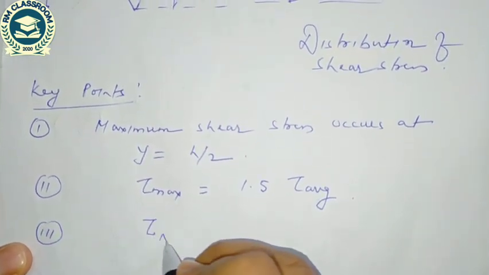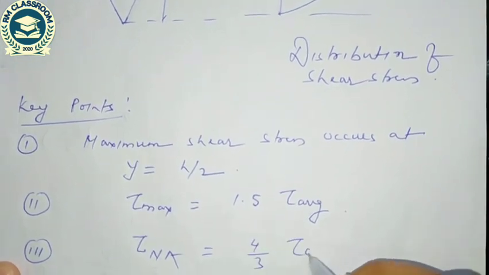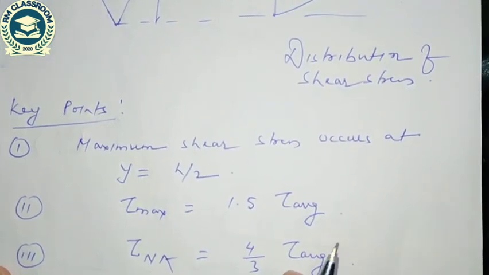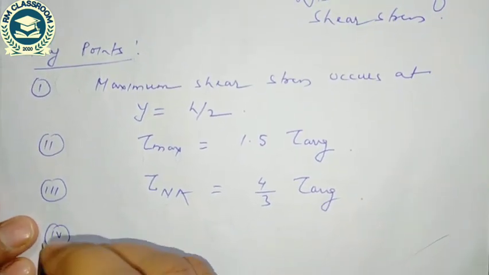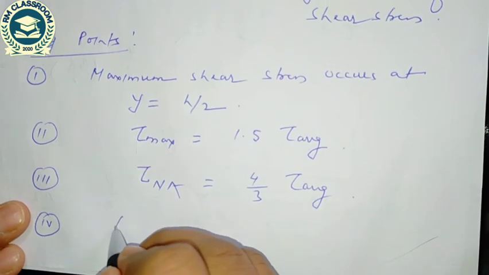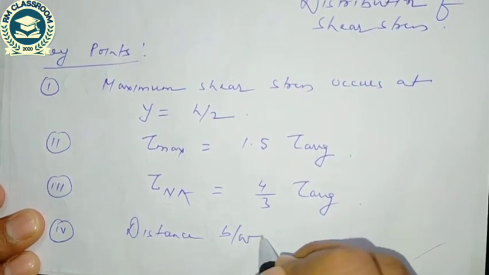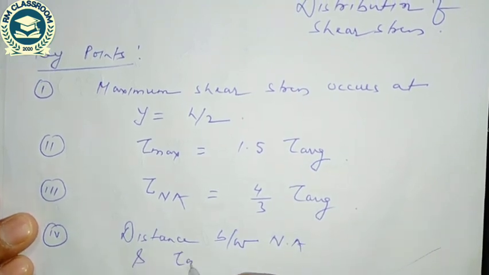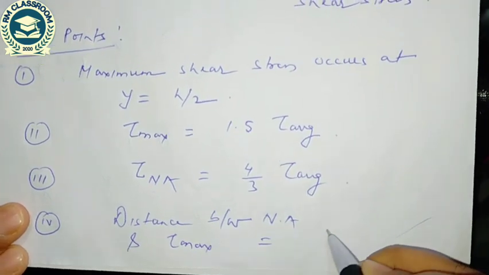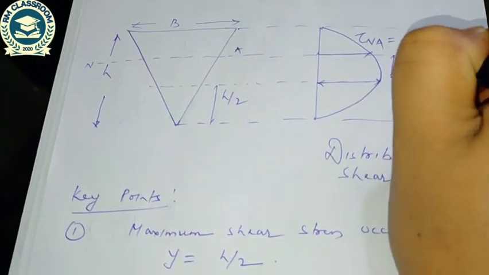Shear stress at the neutral axis is 4 by 3 times tau average. And the fourth point is distance between neutral axis and maximum shear stress is h by 6. So this distance is h by 6.